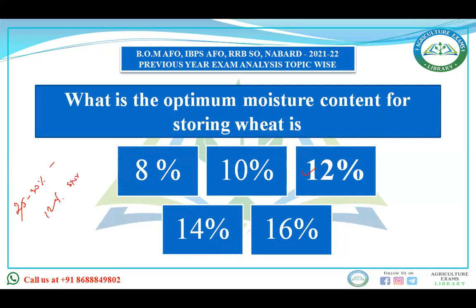Soybean needs 16 to 17% moisture at harvesting and 13 to 14% moisture at the time of storage. Rice requires 20 to 23% moisture at the time of harvesting. Groundnut requires 30 to 40% moisture at harvesting and less than 8% moisture at the time of storage.